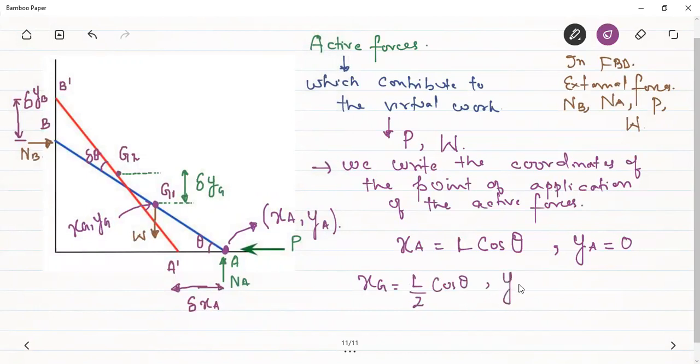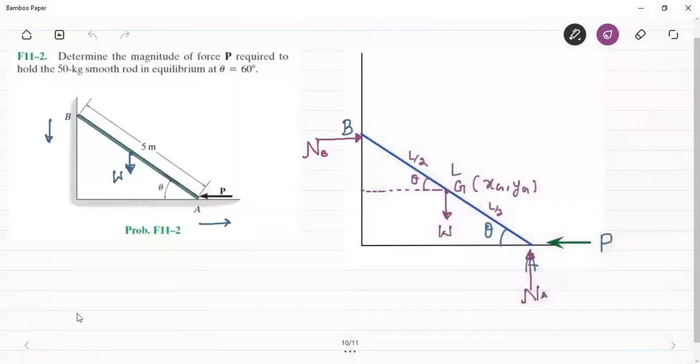And the y coordinate of the center of gravity will be equal to L by 2 sine theta. I can take this right angle triangle here, this lower triangle. We can see that the height of the center of gravity from this x-axis will be equal to L by 2 sine theta.